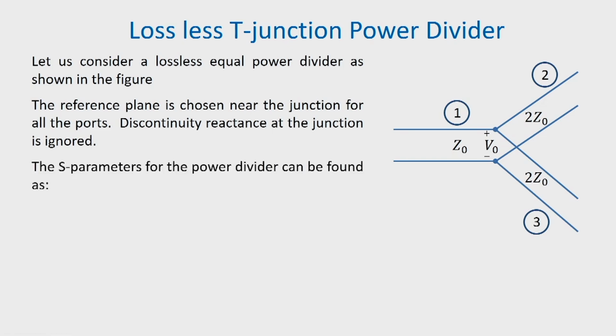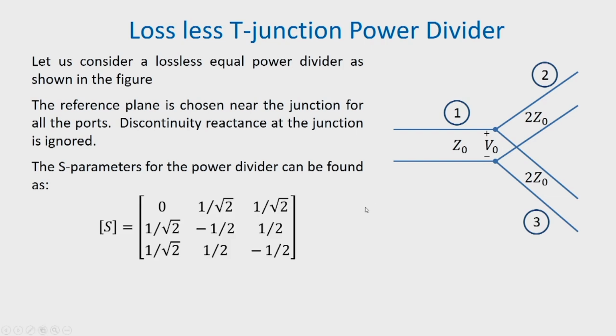Now, this power divider is an equal power divider and port 1 is matched. So, if we find the S parameters for this 3-port network, we find that S is given by 0, 1 by root 2, 1 by root 2.